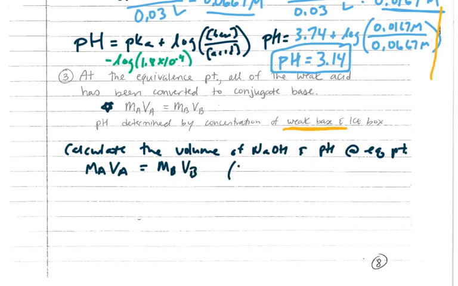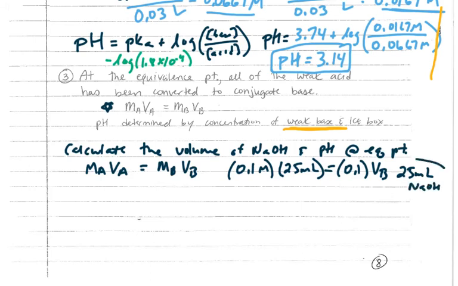The acid, we're told, has a molarity of 0.1 molar, and we have a starting volume of 25 milliliters. And the molarity of the base is 0.1 molar, and so the volume of the base, if we solve this, is going to be 25 milliliters of NaOH. But it's not going to be neutral.